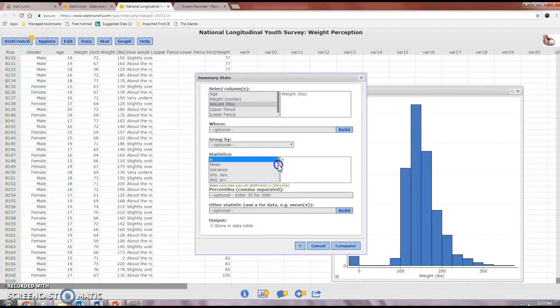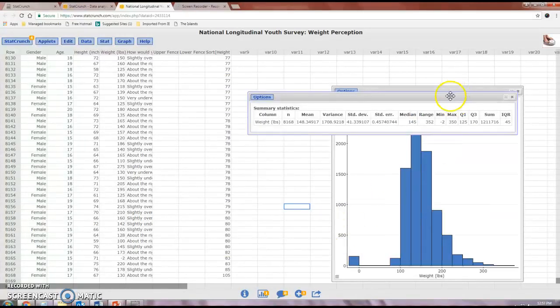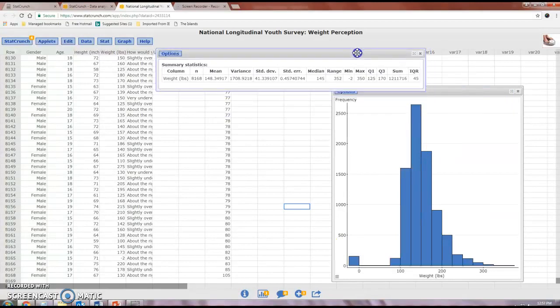I will take all of those, and I'll get the IQR as well. Okay, so the summary statistics give me the mean, the median, the IQR, the range. Something interesting about the minimum there is that it's -2.